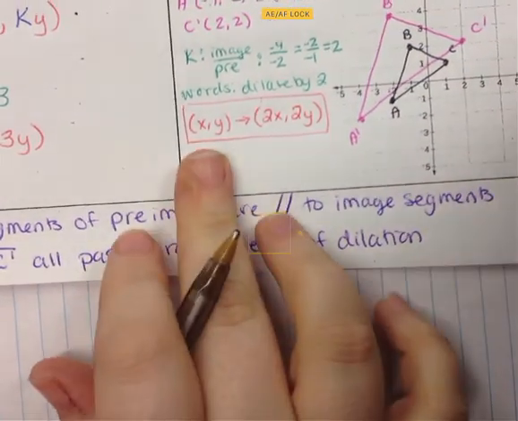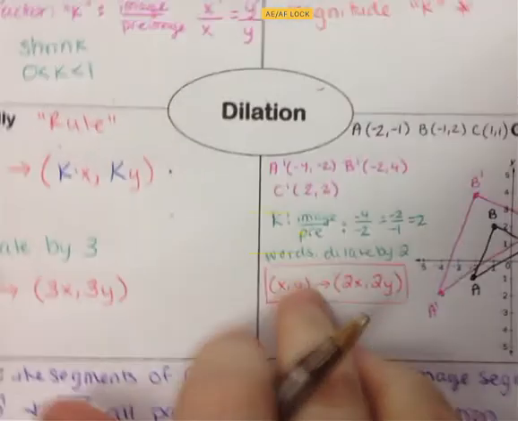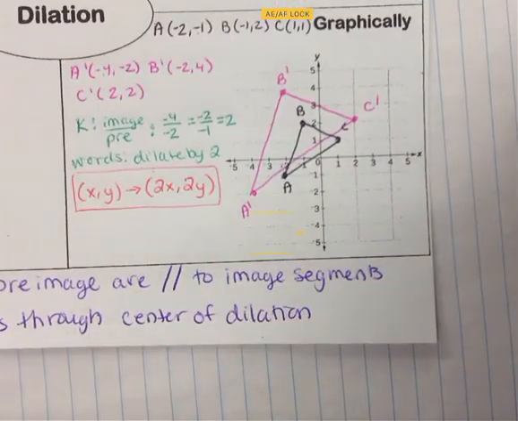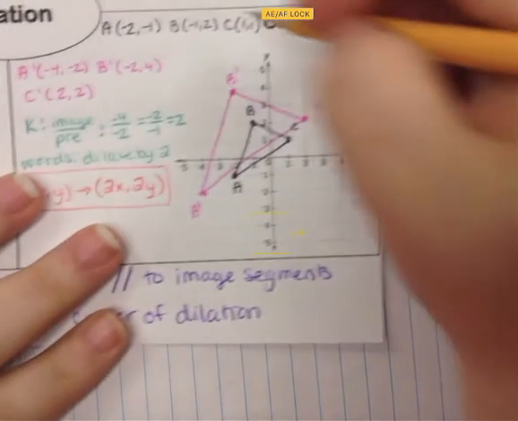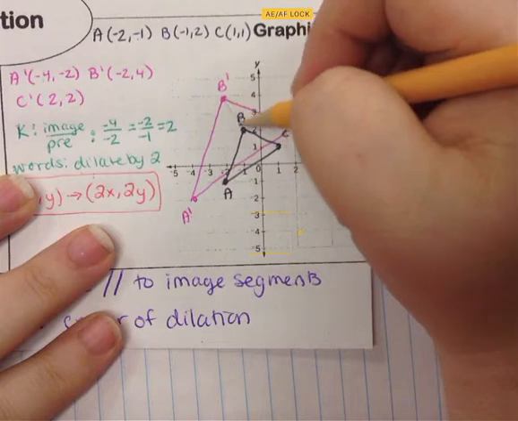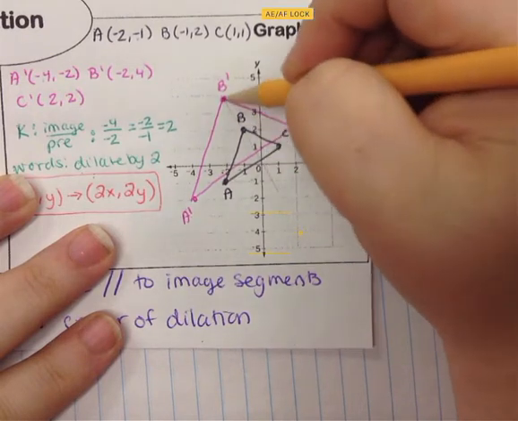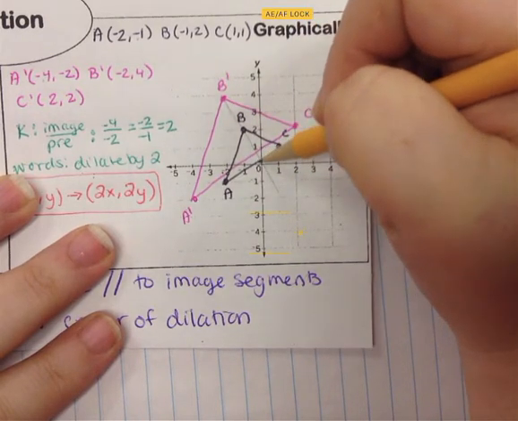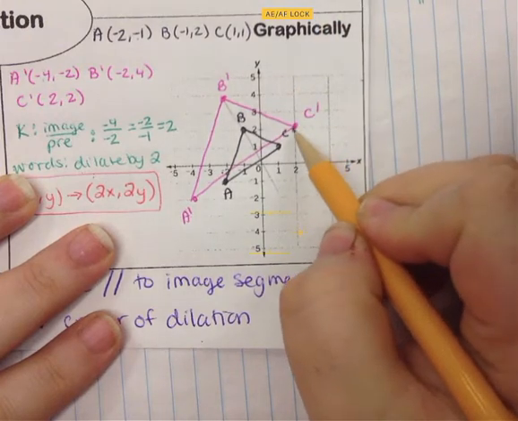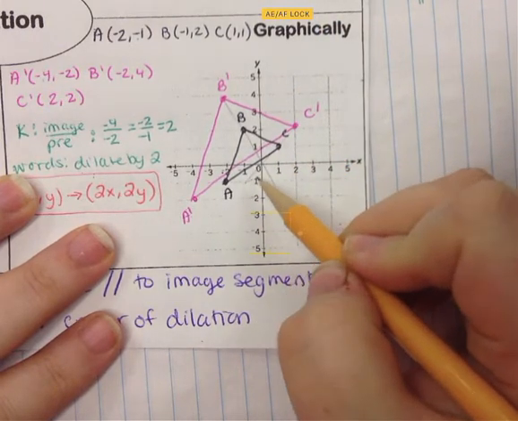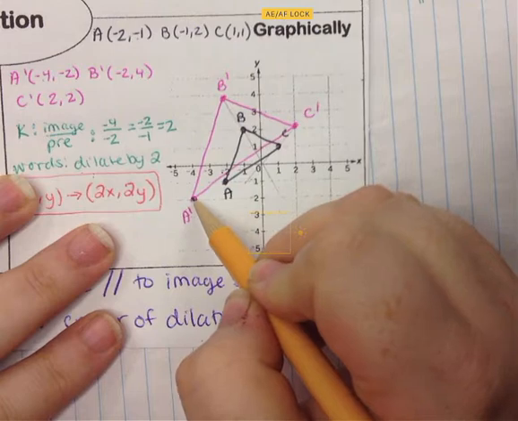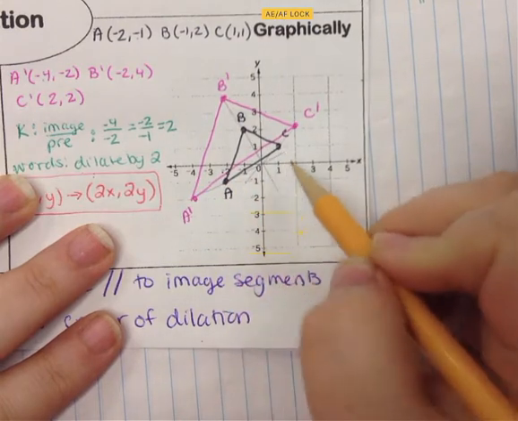And since we were able to find a rule, the center of dilation should be 0, 0. So if we were to connect these coordinates, and you can actually do this mathematically, but if you were just to connect these coordinates, so B prime to B crosses through 0, 0. C prime C crosses through 0, 0. And A prime A crosses through 0, 0.